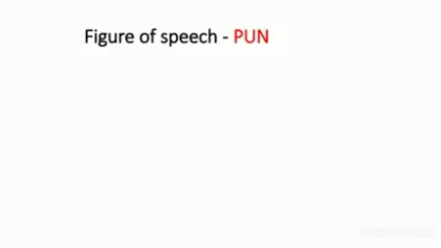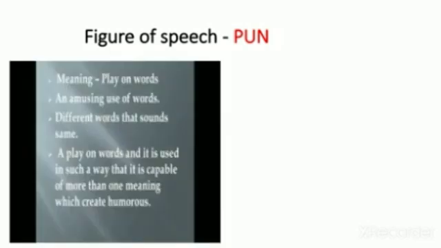Now let's see what a pun is. Pun is a figure of speech which is used in such a manner that it is capable of creating more than one meaning. It also creates humor, where different words having the same sound are used in the same sentence.